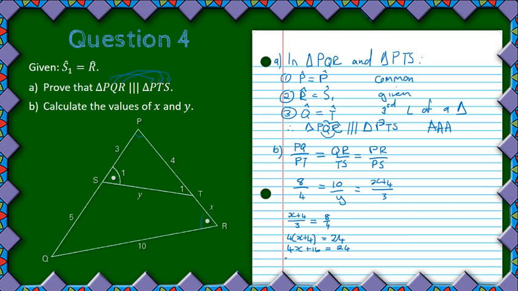Take all your constants to the other side. 4x is equal to 24 minus 16, so that would give you 8. 4x is equal to 8. So therefore x is equal to 2.